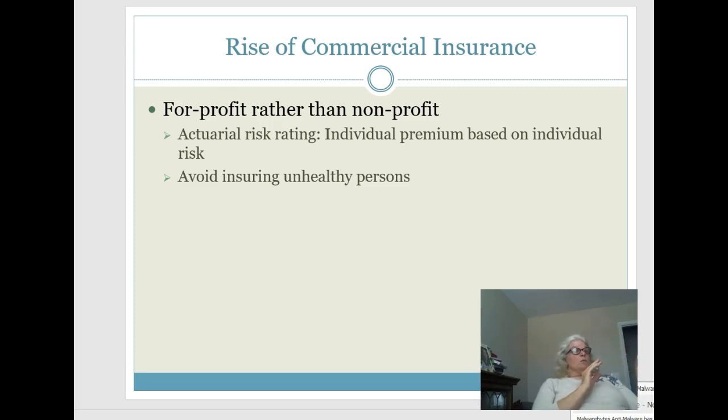People pay individual premiums based on individual risk, and these insurance companies want to avoid insuring unhealthy people. So there are lots of issues within that, and so we have the issue of pre-existing conditions coming into place, and who can be insured and who can't.